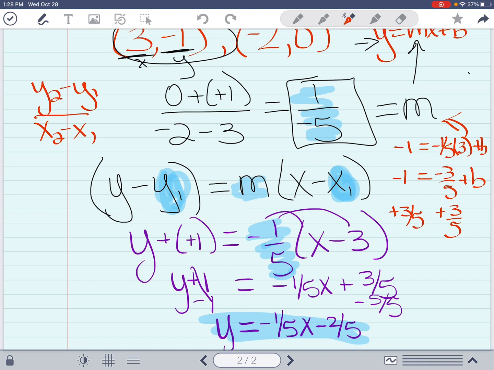So that's negative 5/5, which will give me negative 2/5 equals your b, or your y-intercept, which is what we got right here. So there's two different ways you can go about it.